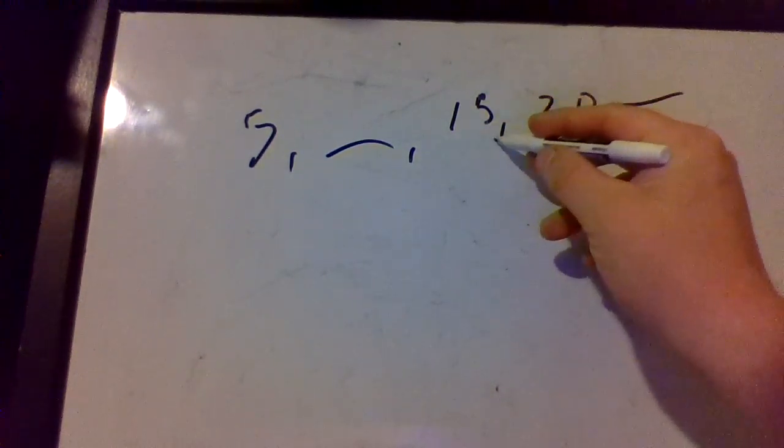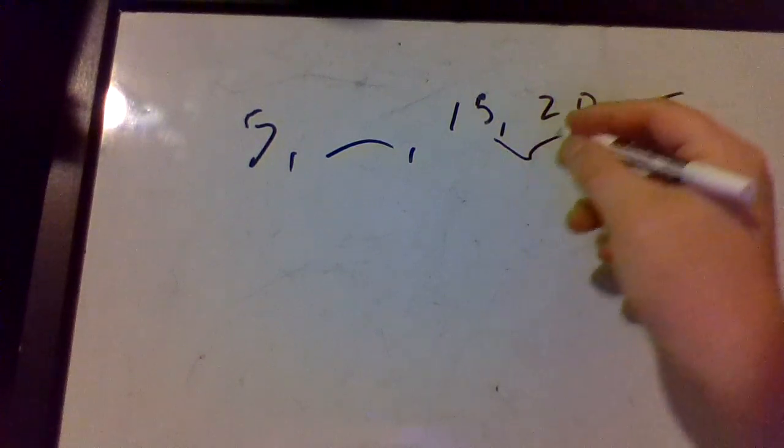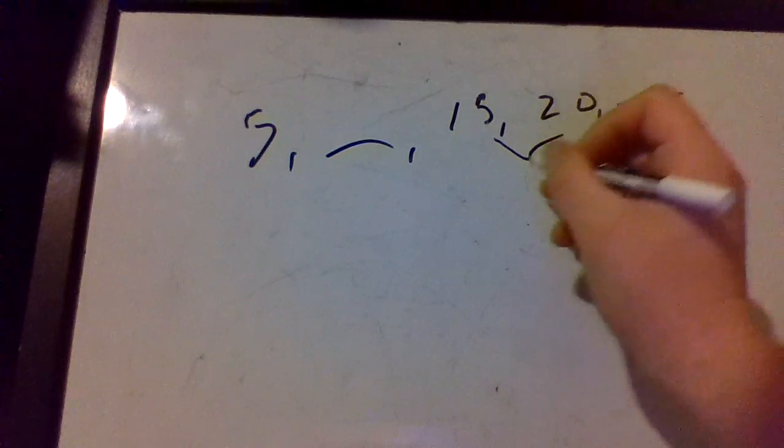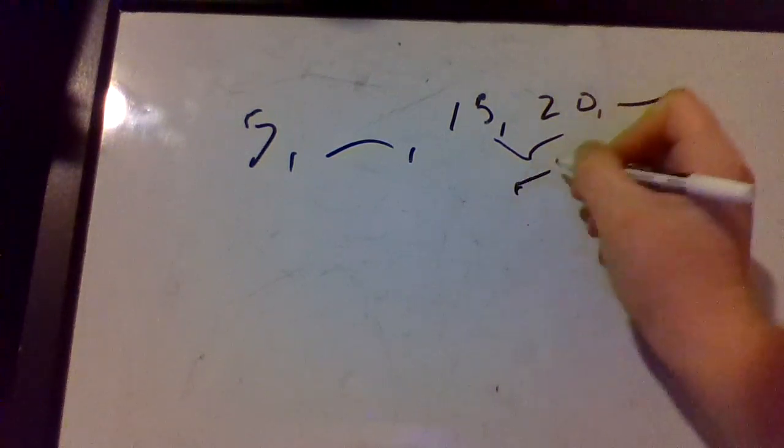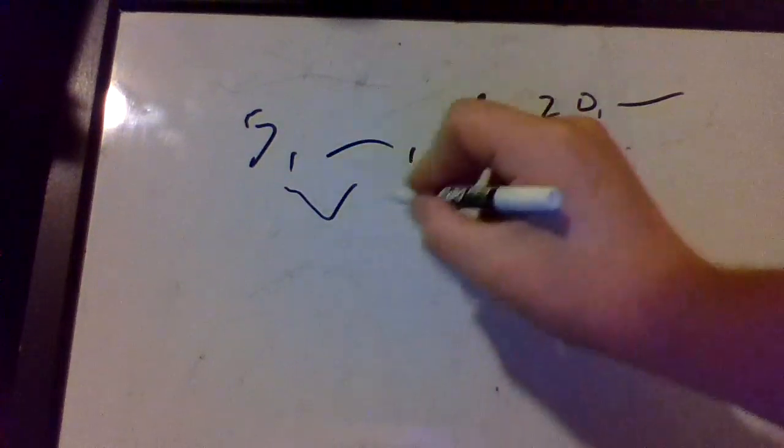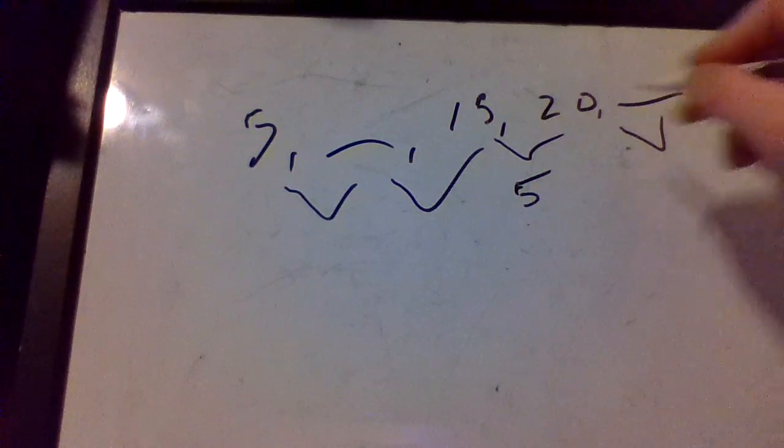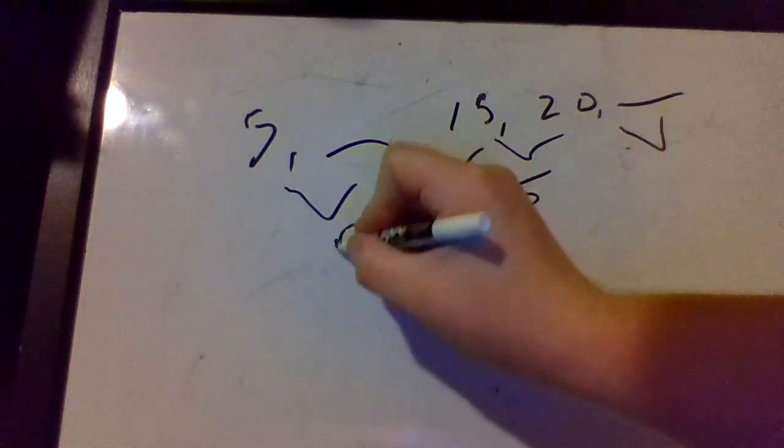Our two numbers in sequence that we know are 20 and 15. So 20 minus 15 is what? 5. So our sequence is going by 5s.